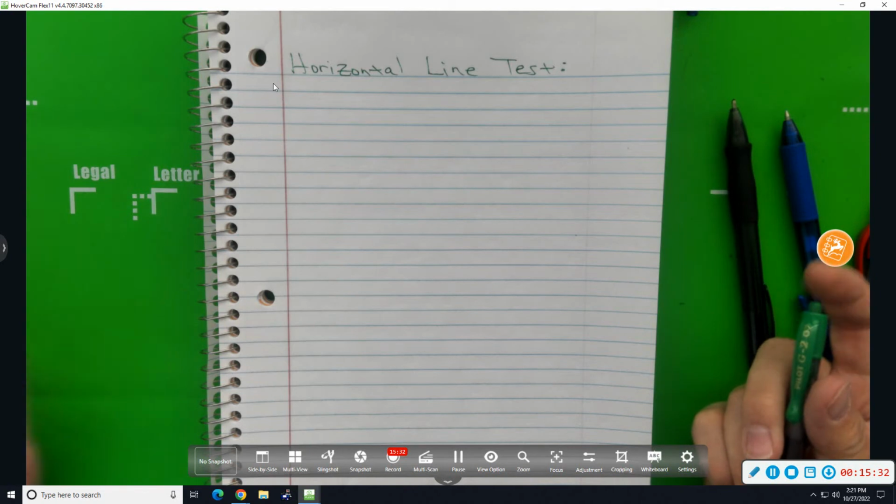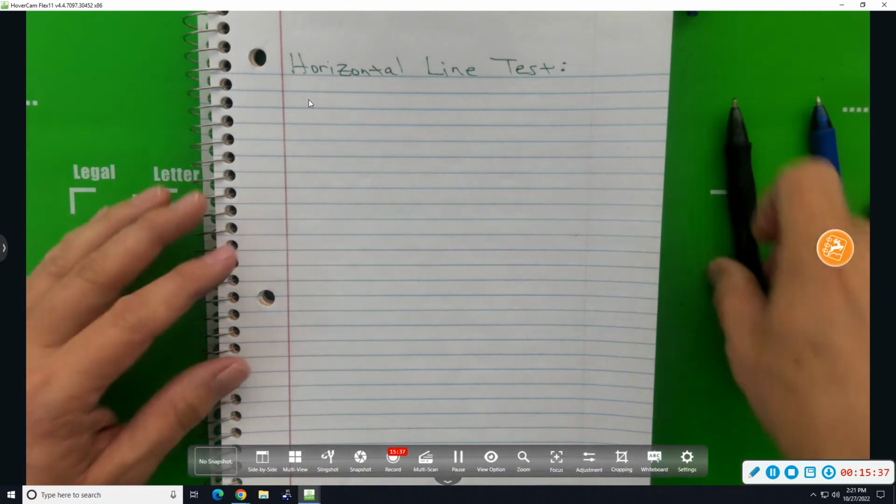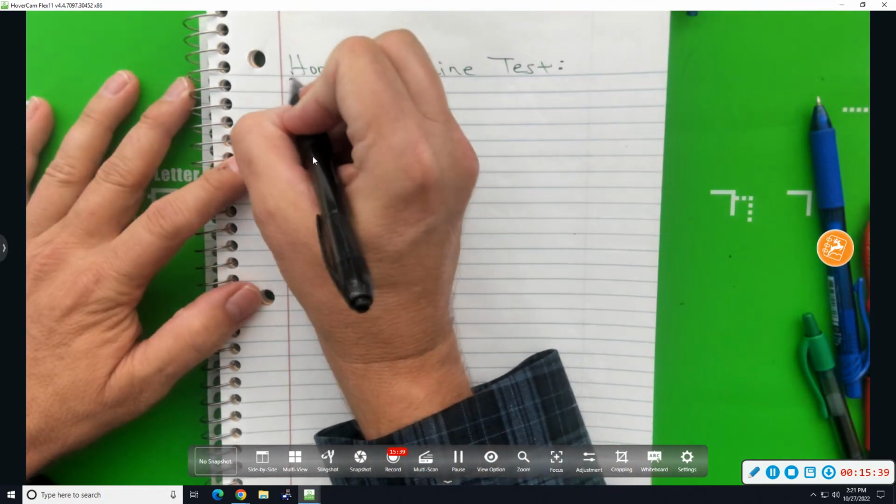If it's a function, it has to pass the vertical line test. For the horizontal line test, I'll write it like this.